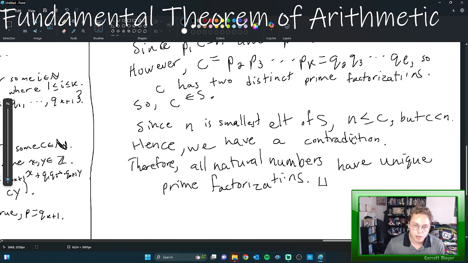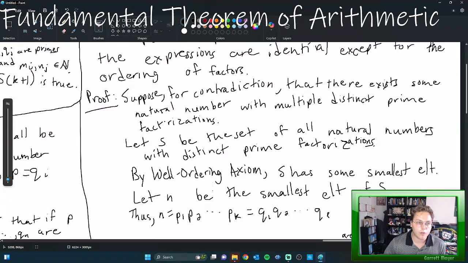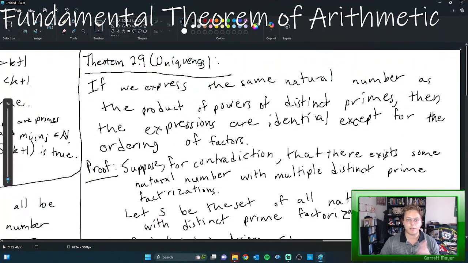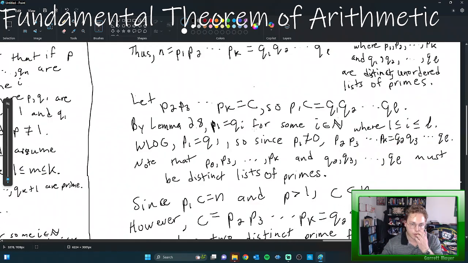And that is it. That is our proof of uniqueness. So what we've just shown here is that we know that every number has some prime factorization. Now there's only one possible prime factorization for each of these numbers. If we find two, they must be identical, apart from just the ordering of the factors.